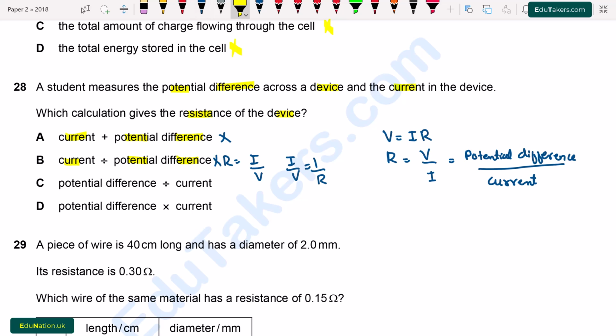C, potential difference divided by current. So here R is equal to V over I. Now we match this equation with this one. Both of these are same. So only option C is correct.